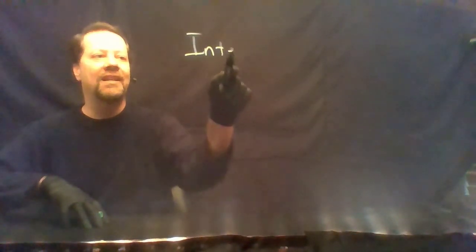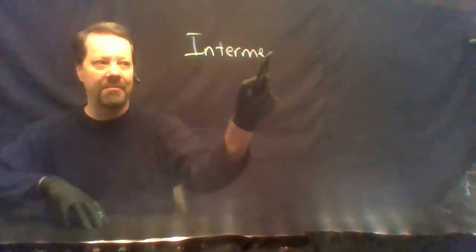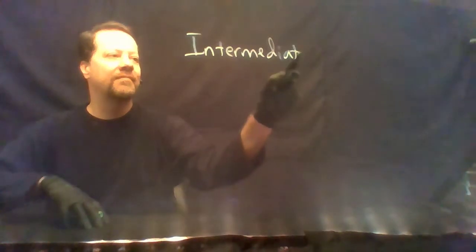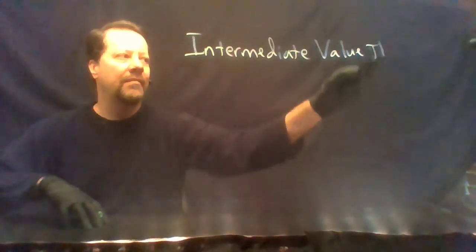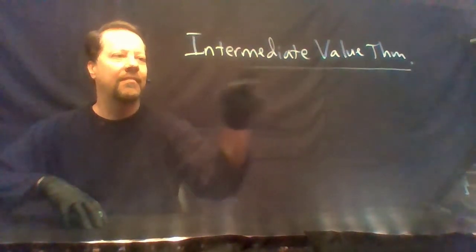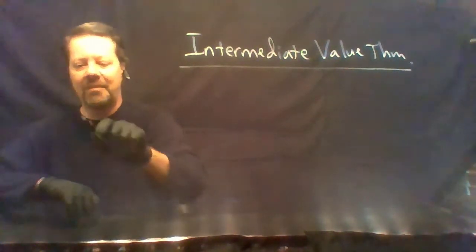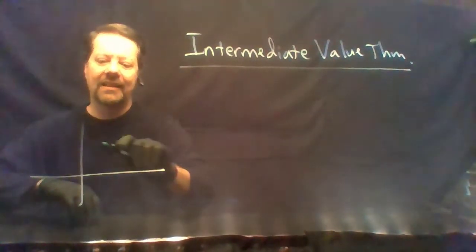We're now going to present an important theorem that we will use in the remainder of this course. It has a name. It's called the intermediate value theorem. The picture for what goes on here is kind of like this.